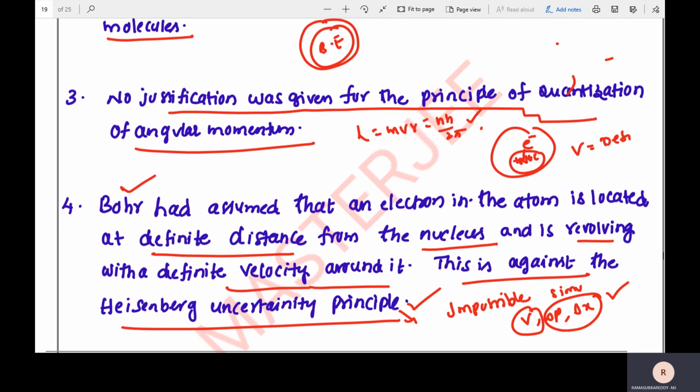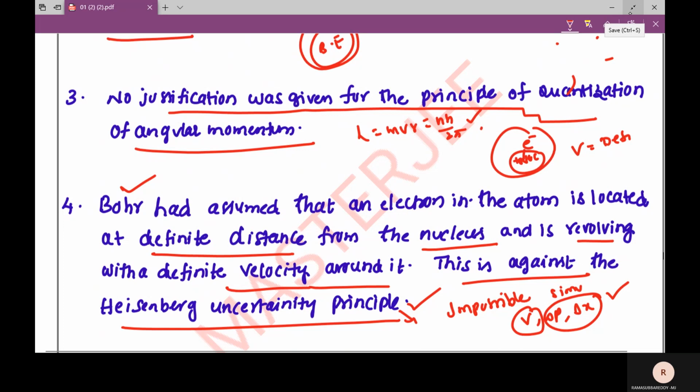Next, the Rutherford scattering experiment we discussed, its conclusions and observations.